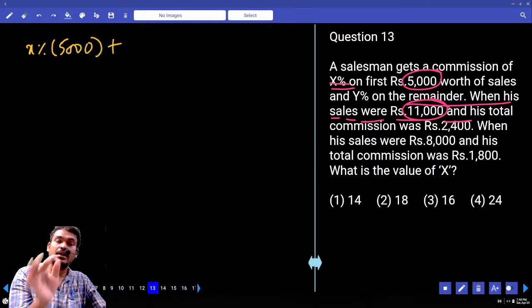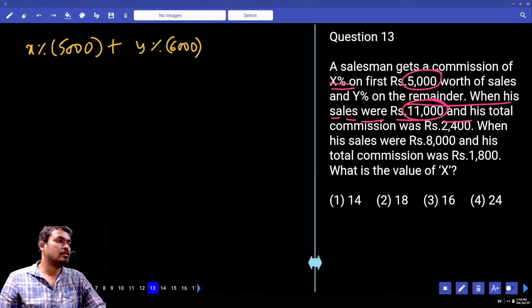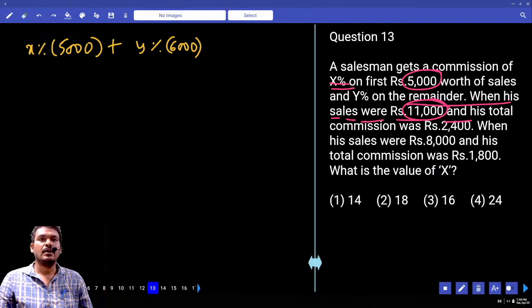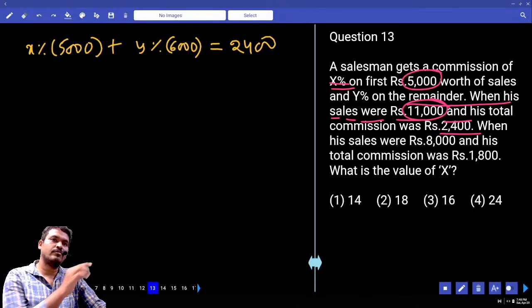Plus the remaining sales, 6,000, Y percent. These two are added, we get the total commission. What is the total commission? 2,400. That is the total commission from 11,000.